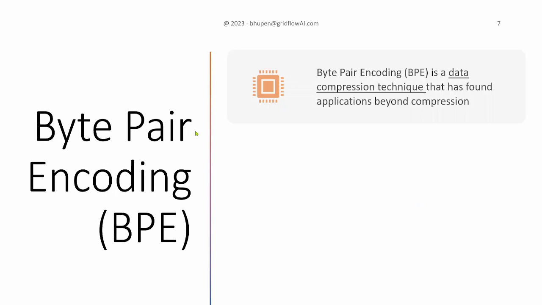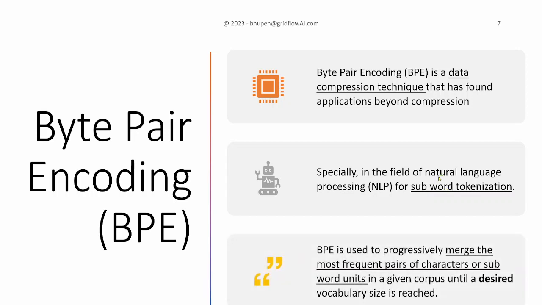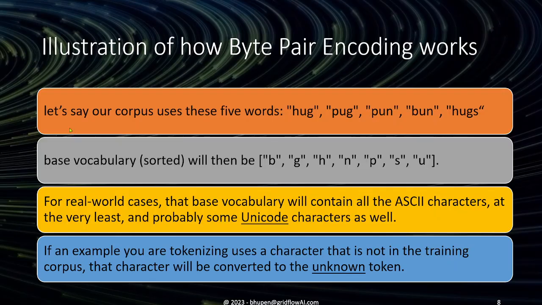Byte pair encoding is a compression technique, as I mentioned earlier, and especially it is used in natural language processing, and the basis is subword tokenization. Given a desired vocabulary size, BPE takes the input sentences or corpus, and from the corpus it generates the most frequently occurring pair of words or group of letters or characters until the desired vocabulary size is reached.